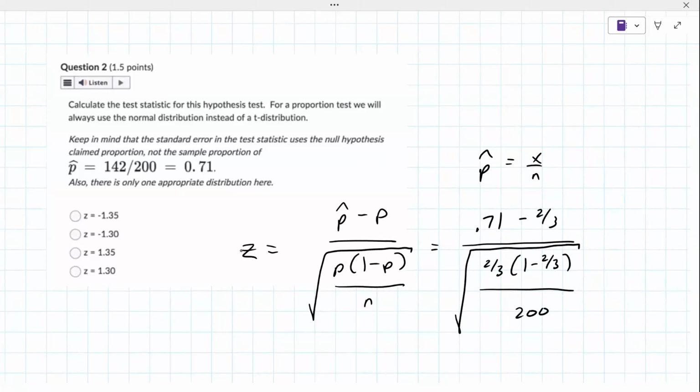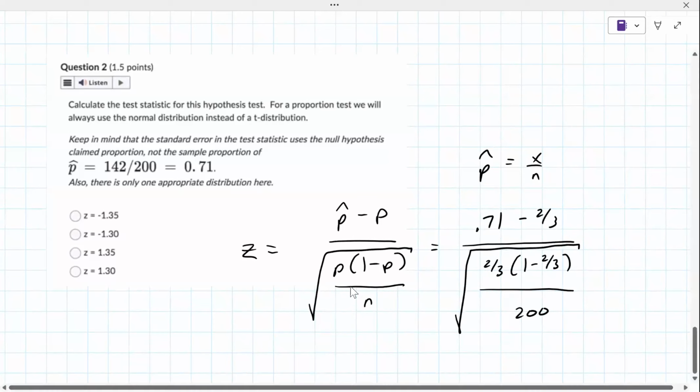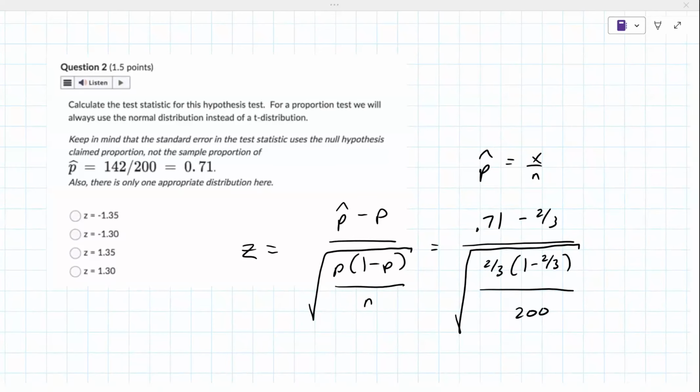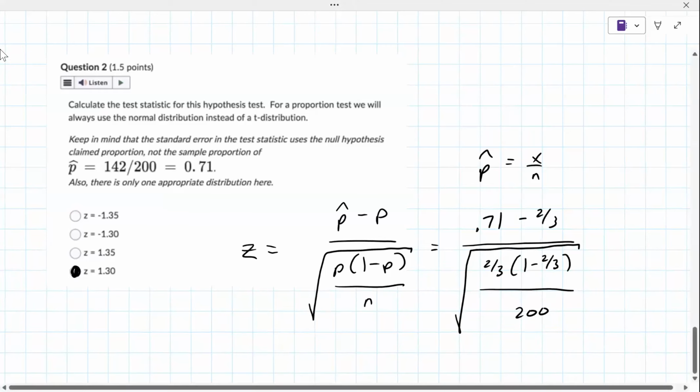And that's your answer. So we just got to grab a calculator and see what we come up with. All right, so I got 1.3 exactly, which is kind of neat.